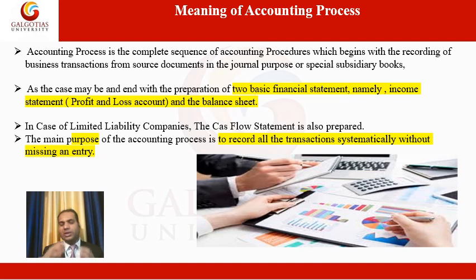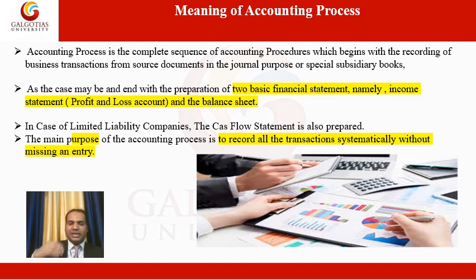Students, now I'm going to explain the meaning of accounting process. As you know, guys, accounting process is the complete sequence of accounting procedures which begins with the recording of business transactions from source documents in the general purpose or special subsidiary books, as the case may be, and with the preparation of two basic financial statements, namely profit and loss account and balance sheet.